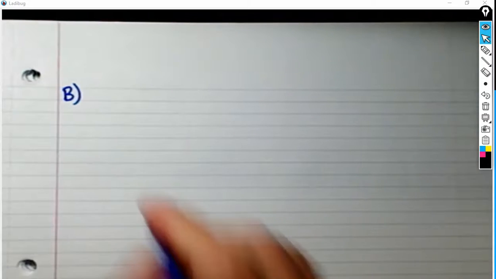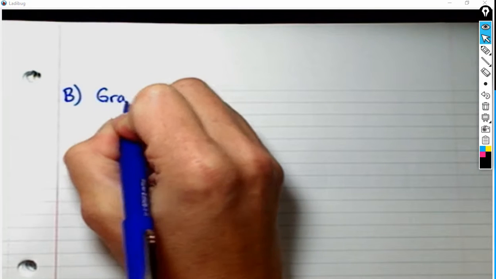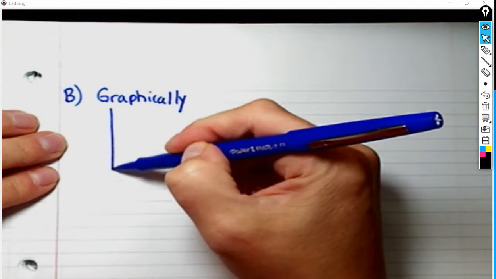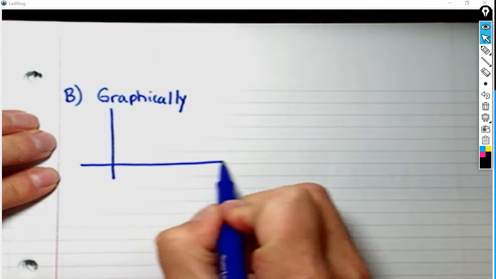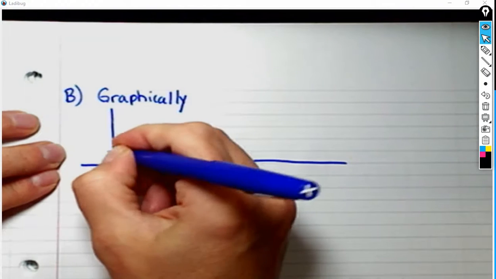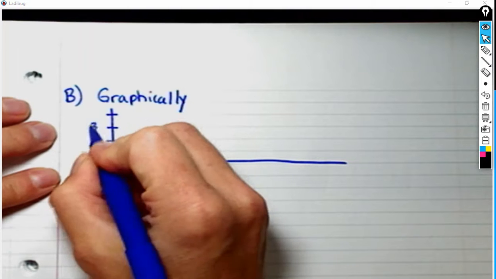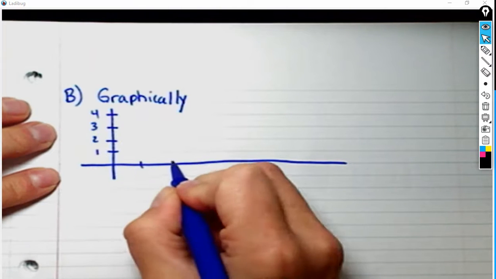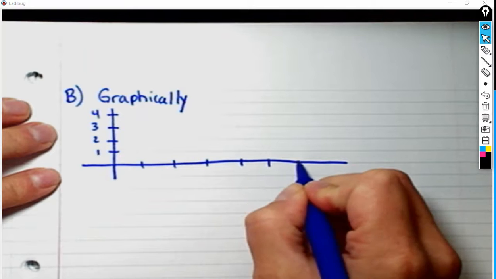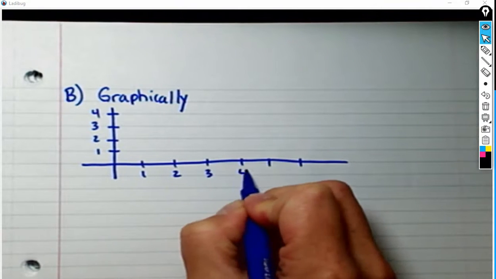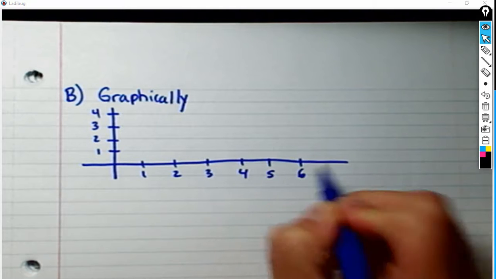All right, graphically. Okay, you don't need a grid for this. 1, 2, 3, 4. 1, 2, 3, 4, 5, 6. Okay. Don't draw it too small.